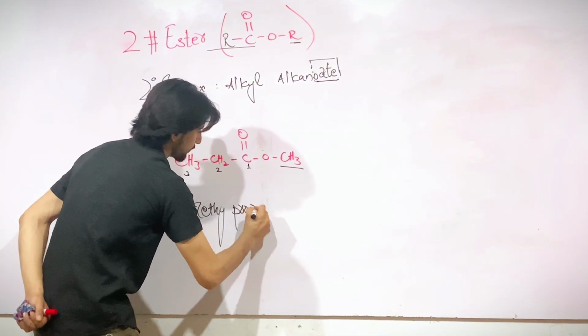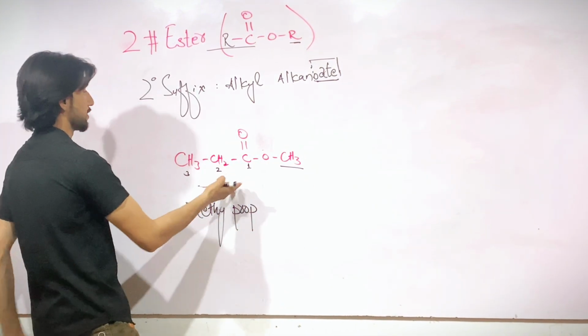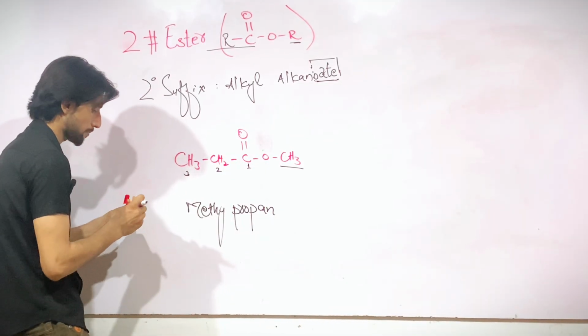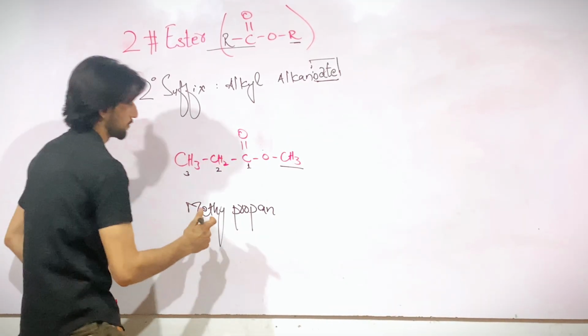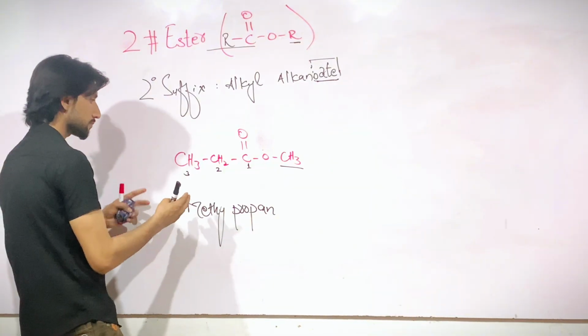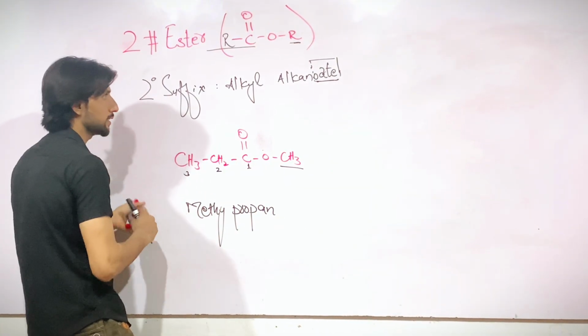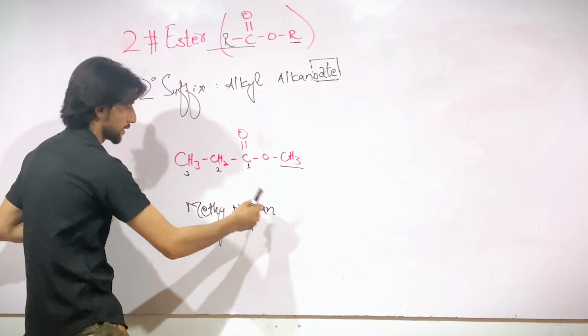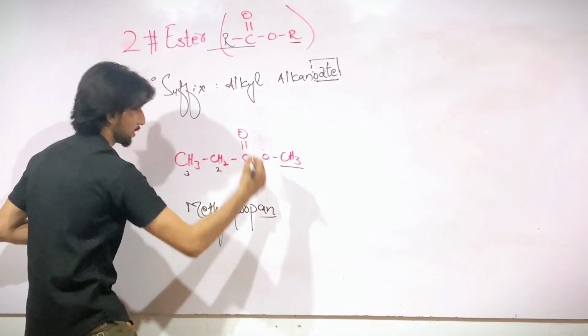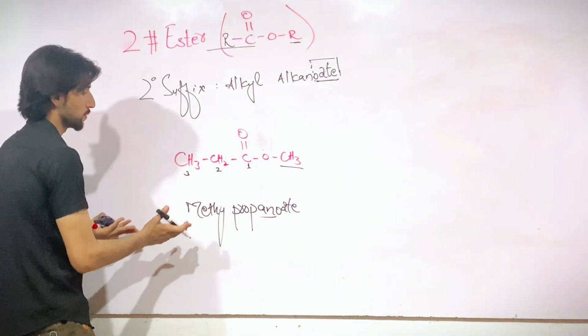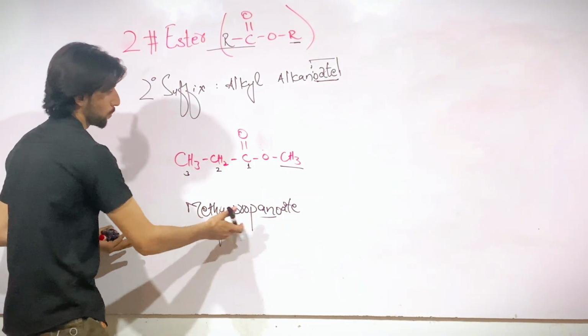And ane, as there is no unsaturation, so the primary suffix becomes ane, and the e will be dropped because of vowels coming one after another. The secondary suffix becomes oate. So the name for this compound becomes methyl propanoate.